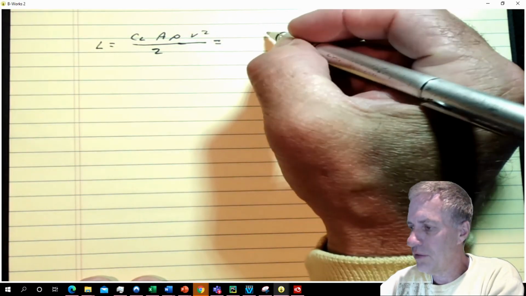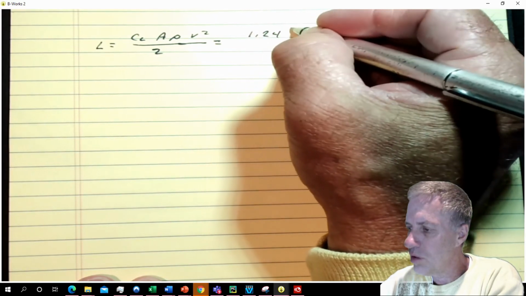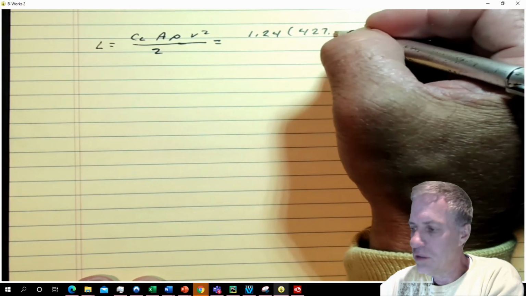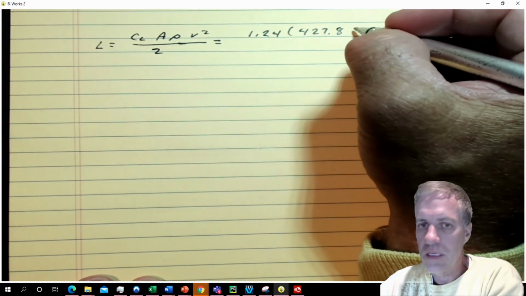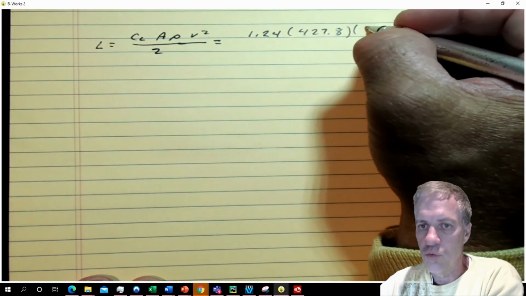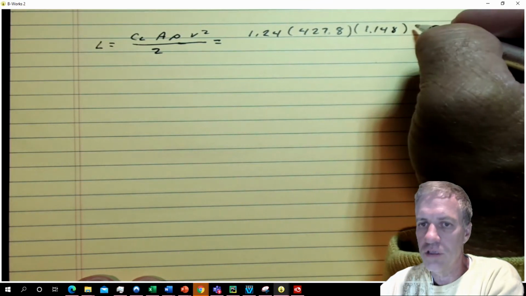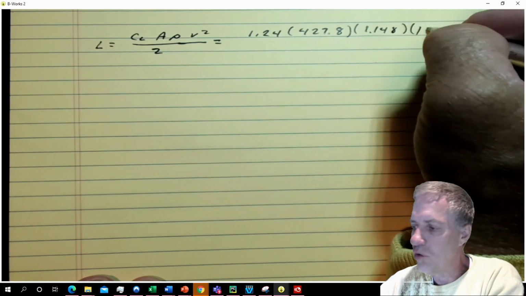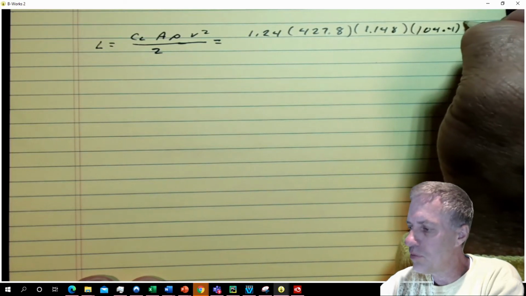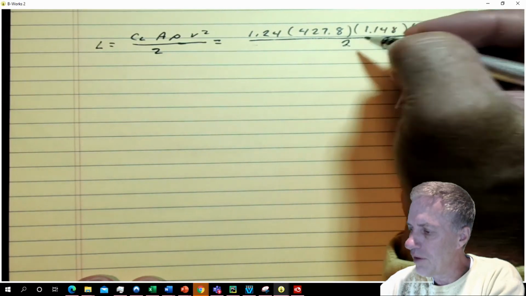All right, filling in our values, we've got 1.24 times our 427.8 meters squared, times 1.148 kilograms per meters cubed, times our 104.4 meters per second squared, divided by 2.